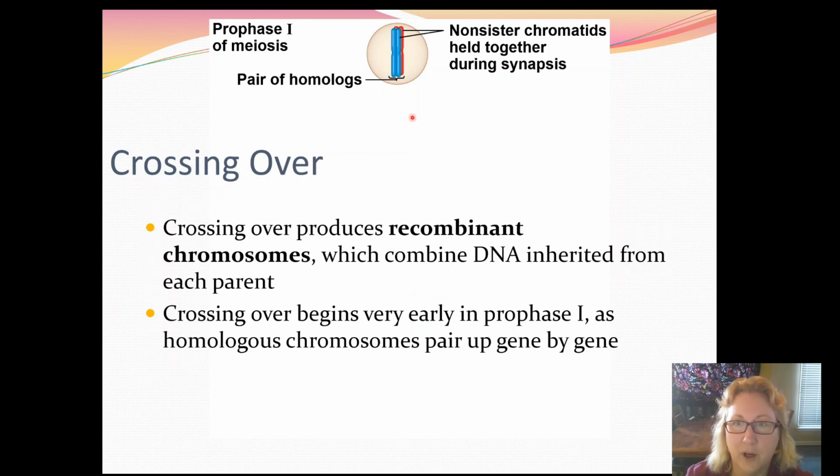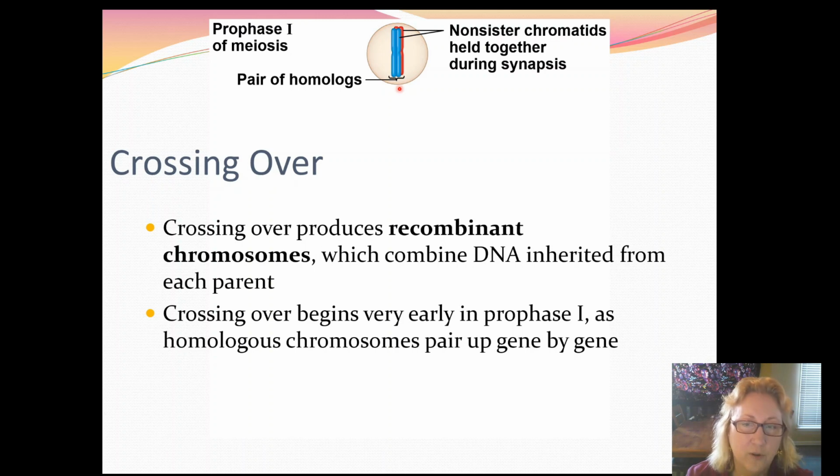So let's look again at crossing over. Here we have our sex cell that's going through meiosis. It's in prophase 1 of meiosis, and prophase 1 is when we have synapsis of the pairs of homologous chromosomes, and then crossing over is going to occur. But not all the chromatids are crossing over, only 2 of them.